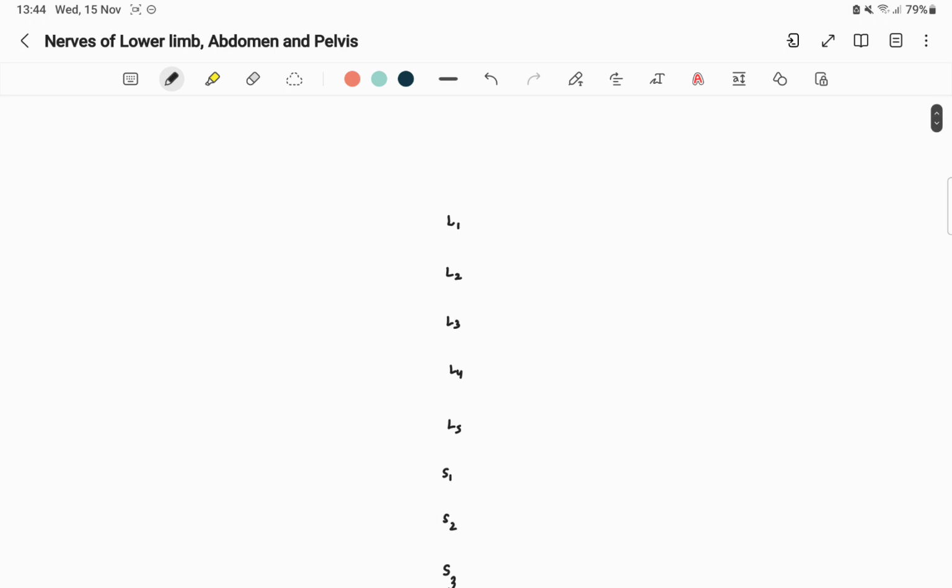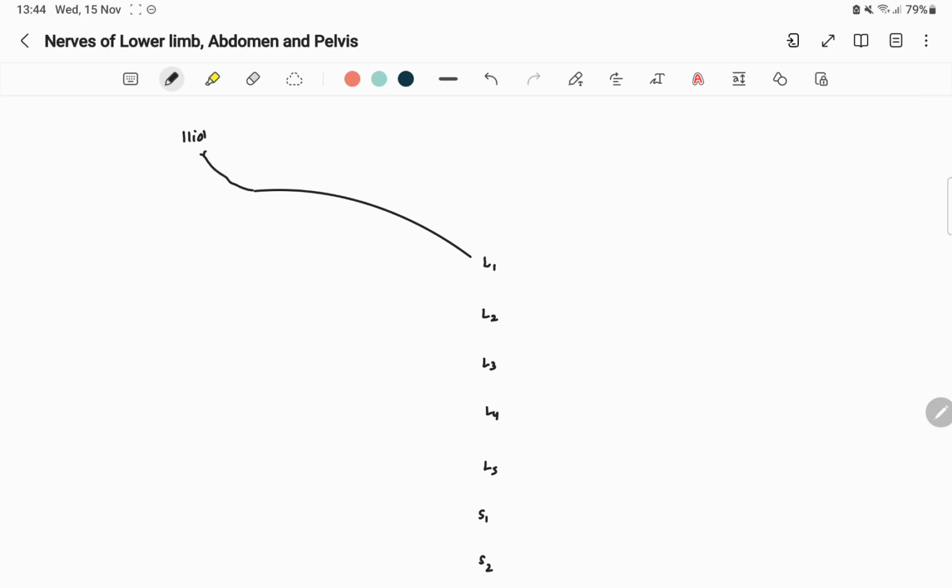So the first branch starts from your L1, and it is giving up two branches, your iliohypogastric nerve and your ilioinguinal nerve.